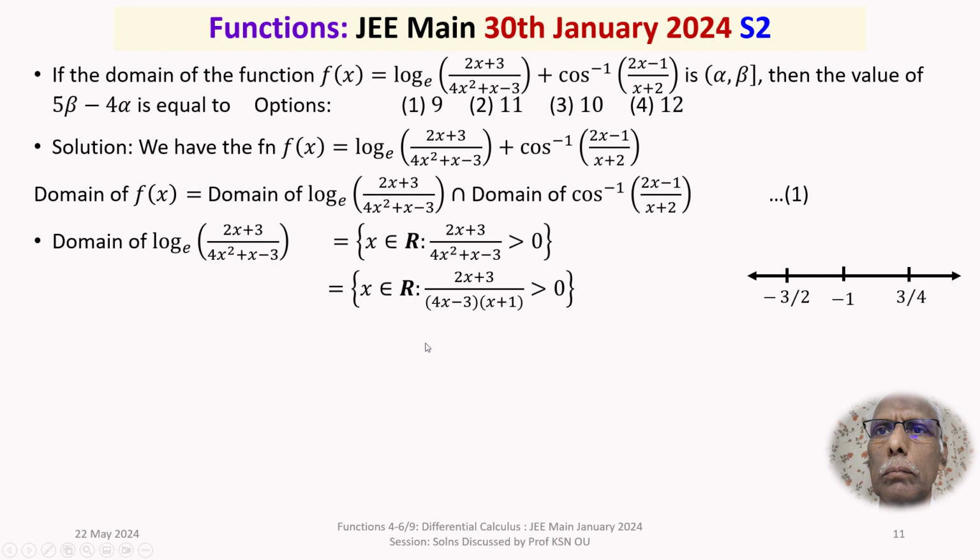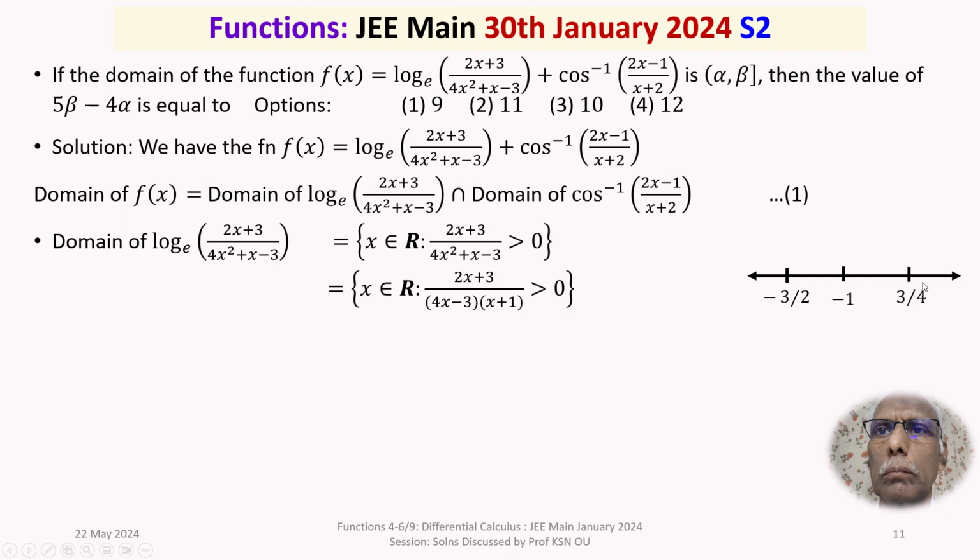Now suppose you take x greater than 3 by 4. That means to the right of 3 by 4, any element if you take, then 4x minus 3 is positive, x plus 1 is positive, 2x plus 3 is positive, positive by positive is positive.